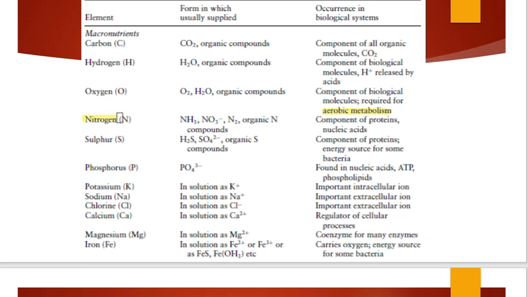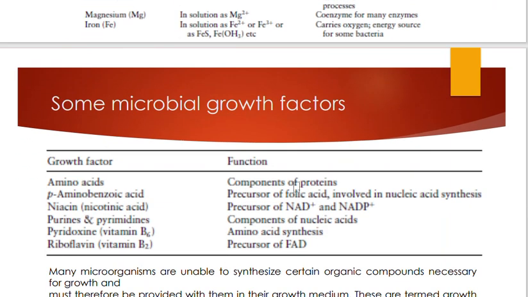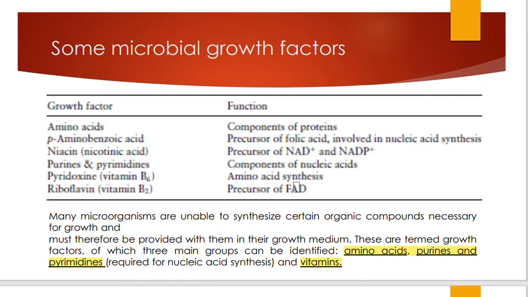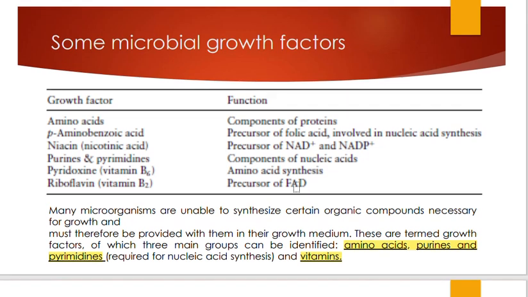In this table you can see that the major element in your nucleic acid is nitrogen. So those are the different microbial growth factors which are needed for the microorganisms to synthesize.